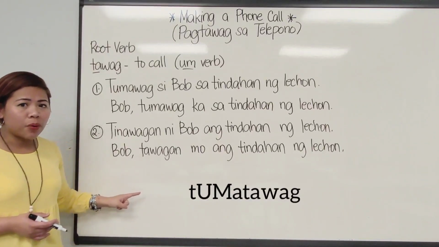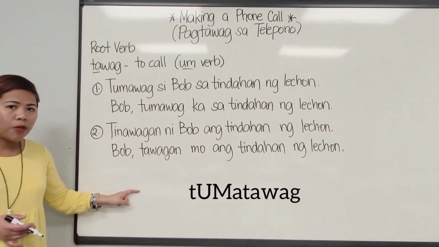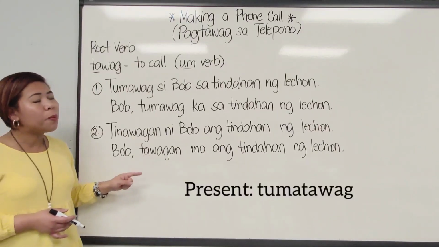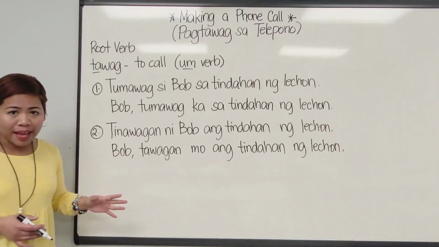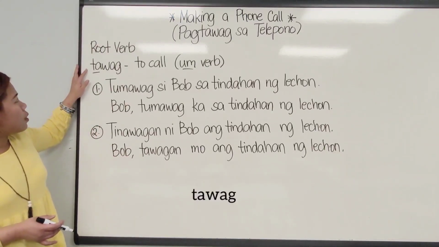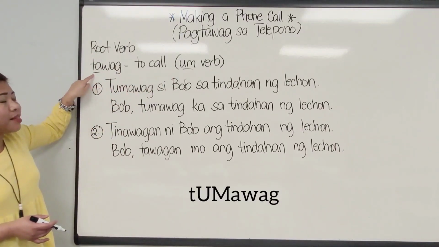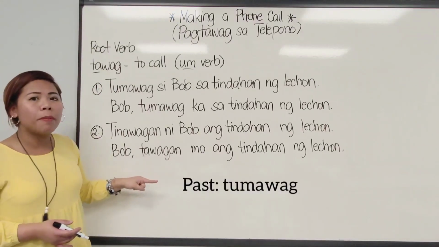We insert the after the first letter of the future tense of the verb tatawag. Then it will become tumatawag. That's the present, right? Now for the past tense, we just take the root verb tawag, we insert the again after the first letter of the root verb tawag, then it will become tumawag.